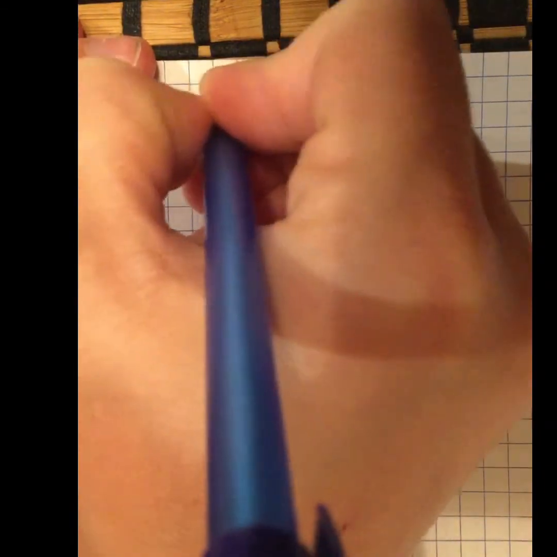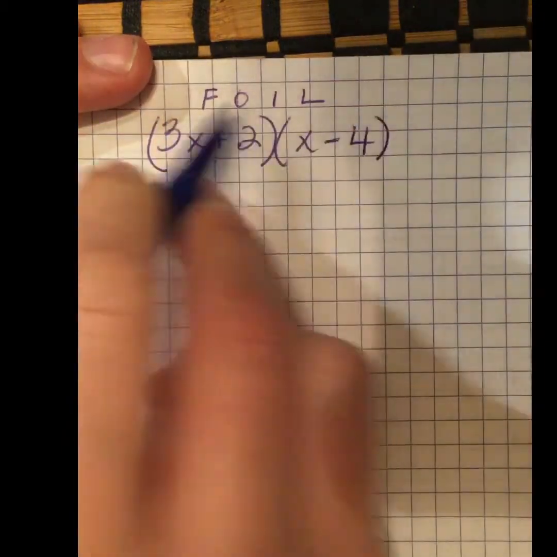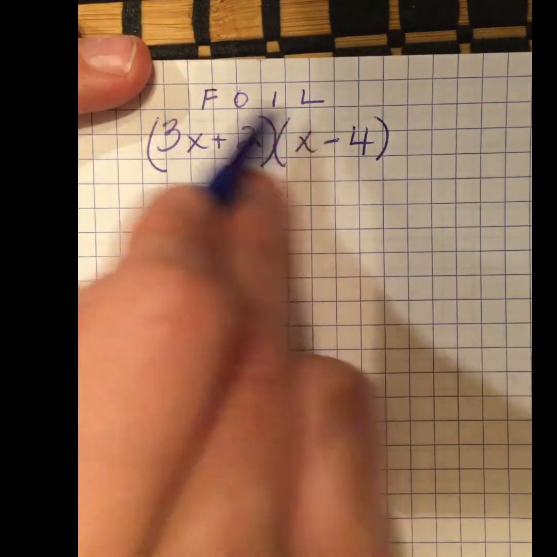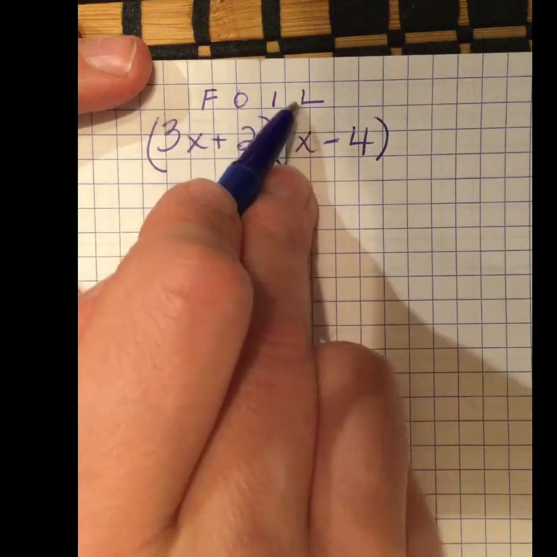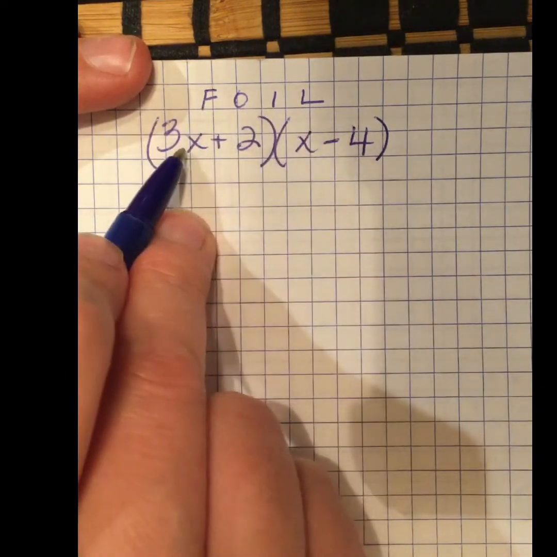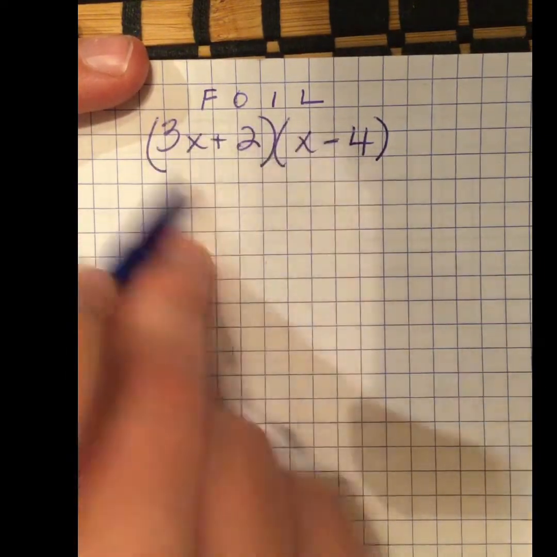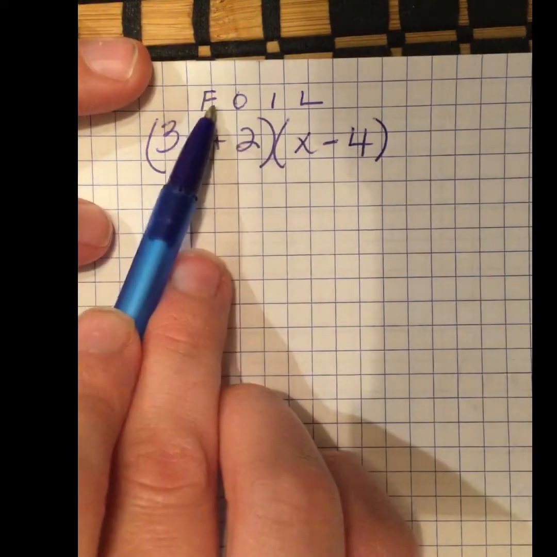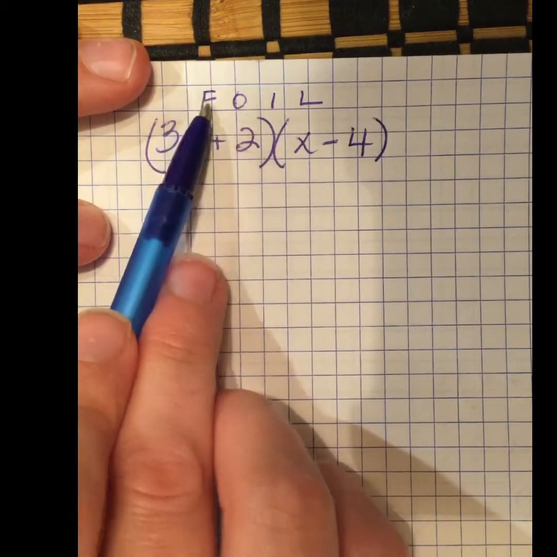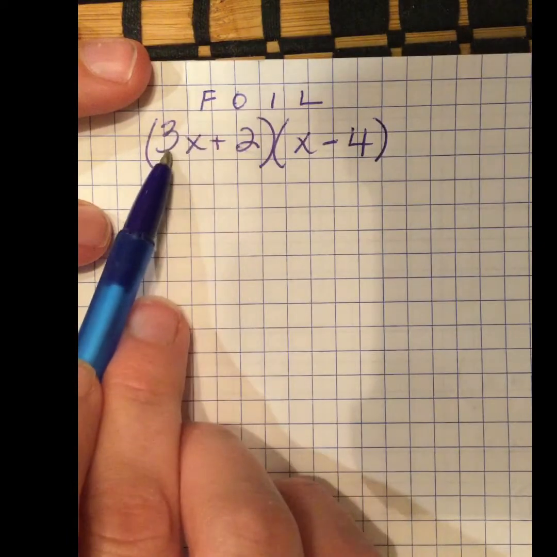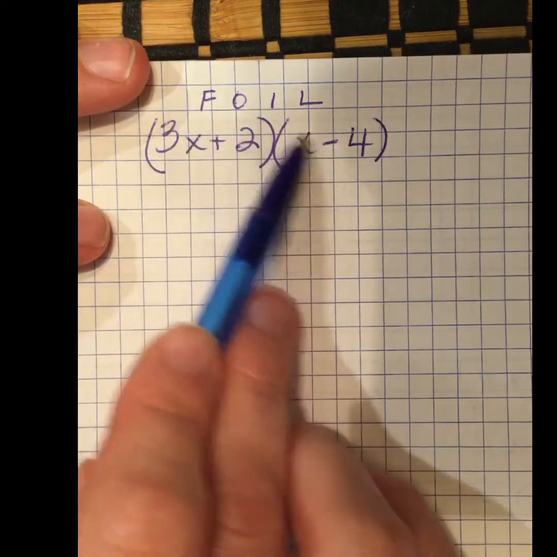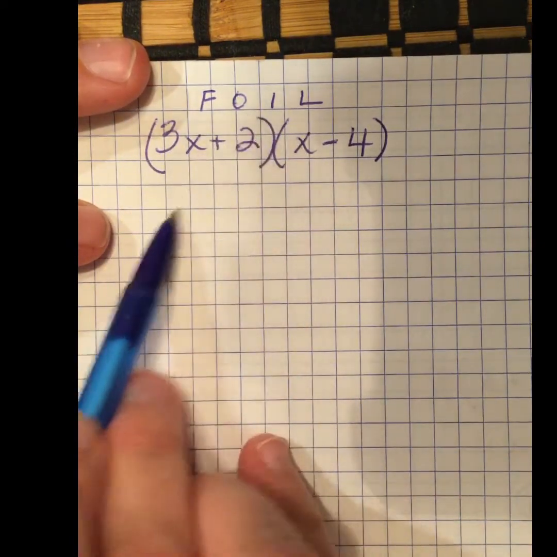So I already told you that FOIL stands for first, outer, inner, last. It's basically just a nice checklist so that you don't forget anything. There's a lot of multiplying going on here. So it says, hey, first, let's multiply the first terms. The first term times the first term. Write it down.